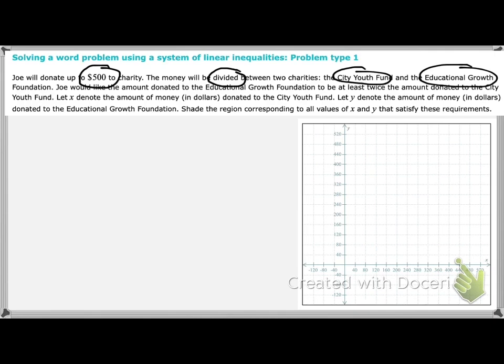And then here I have my variables identified. Let x denote the amount of money to the City Fund, and y denotes the amount of money that is donated to the Educational Growth Fund.